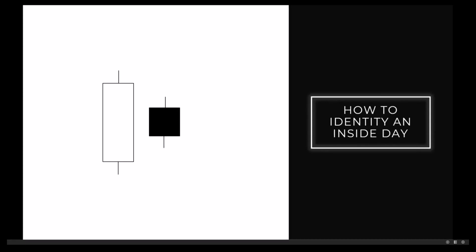Now, how do we identify an inside day pattern? We are having these particular candlesticks, and these are bullish ones indicated in white. Then the black is a bearish candle. Now, the inside day pattern is formed by two candlesticks, whereby the current trading day, this one, is stuck inside the previous day's range high and inside the previous day's range low.